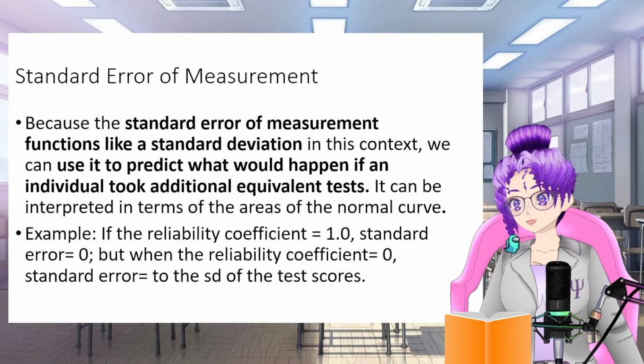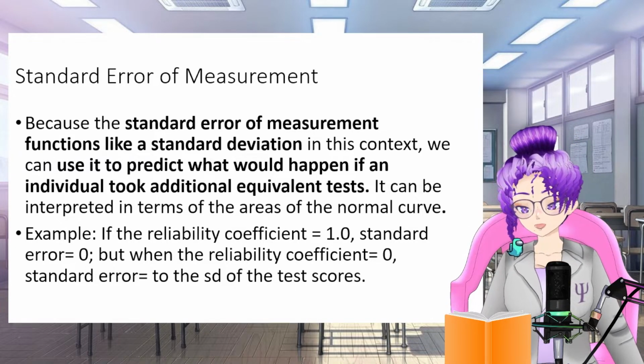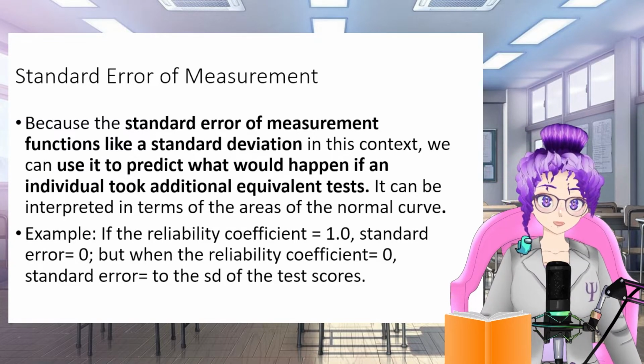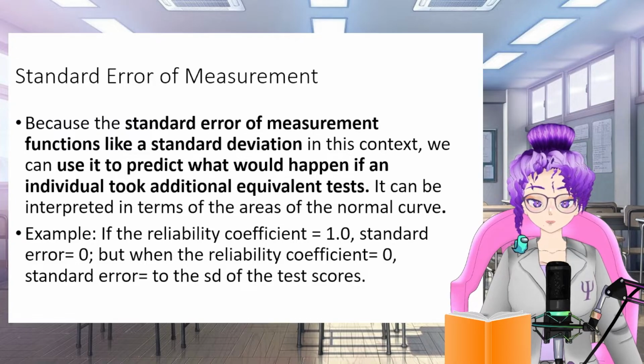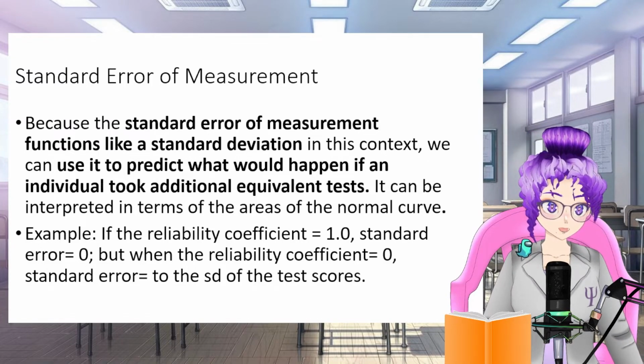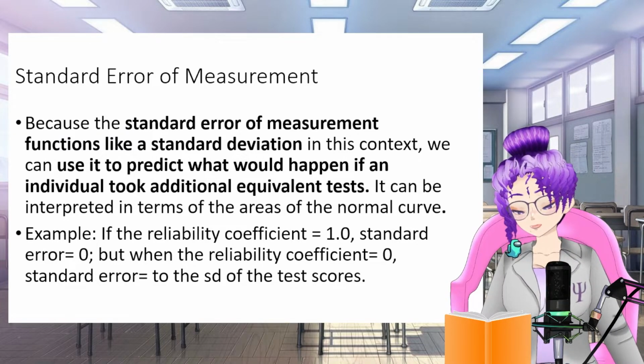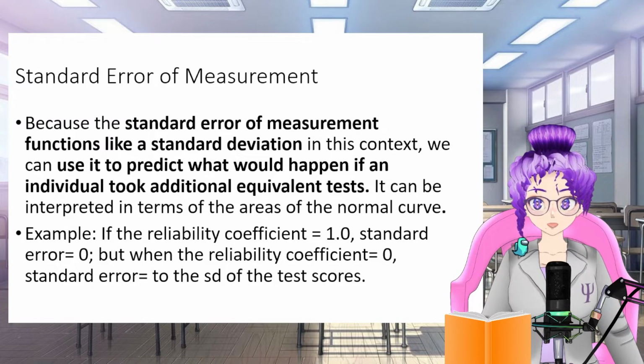But when the reliability coefficient is equal to 0, the standard error is equal to the standard deviation of the test score. Since you are familiar with standard deviations and the areas of the normal curve, we can make a confidence interval or confidence range based on those principles.